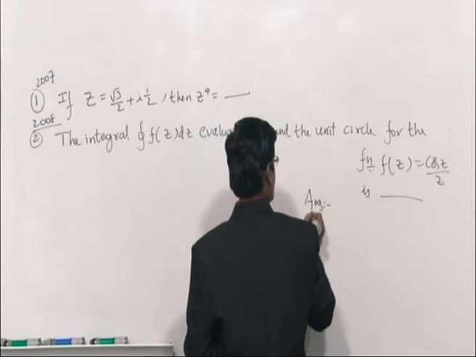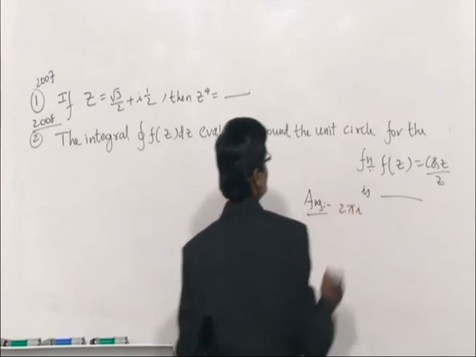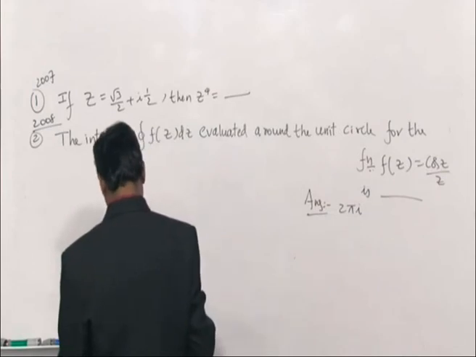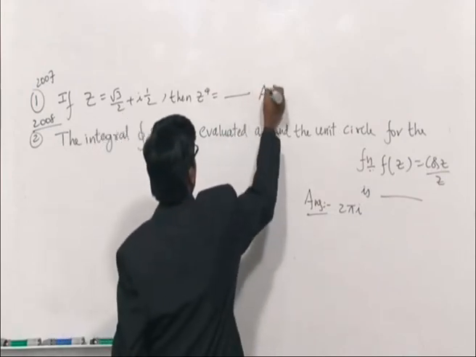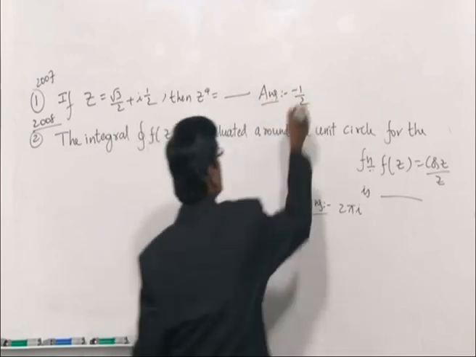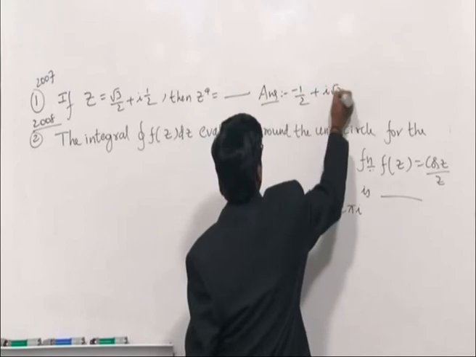Answer for this is 2 pi i. Okay. Answer for the previous one is minus 1 over 2 plus i root 3 by 2.